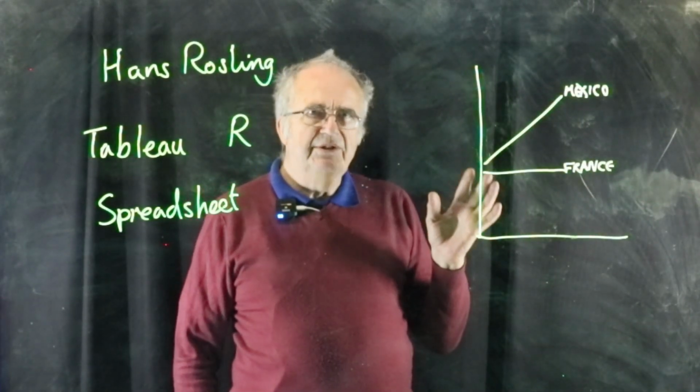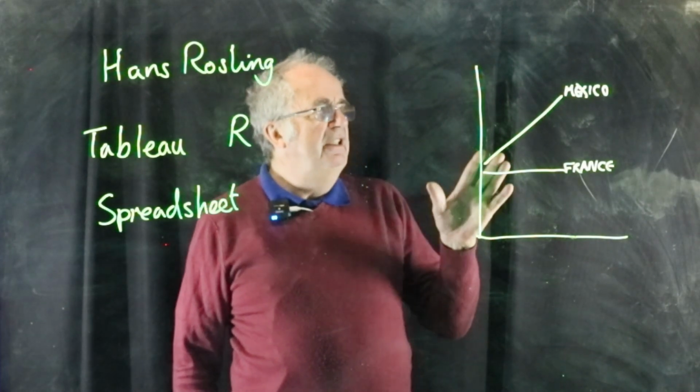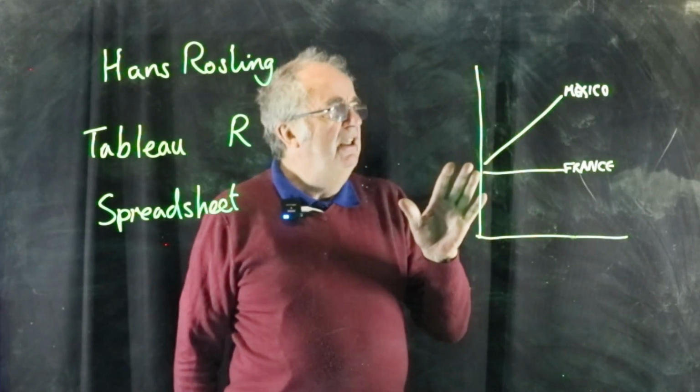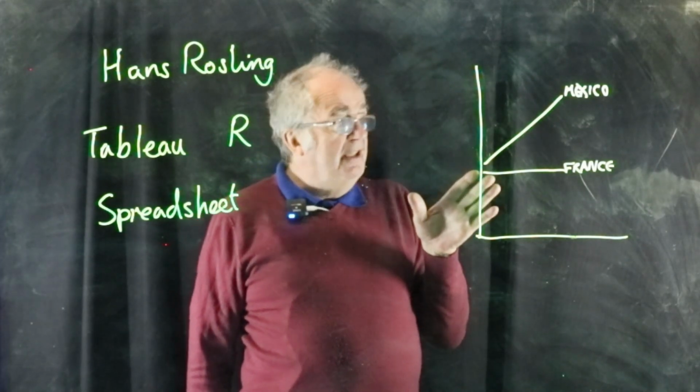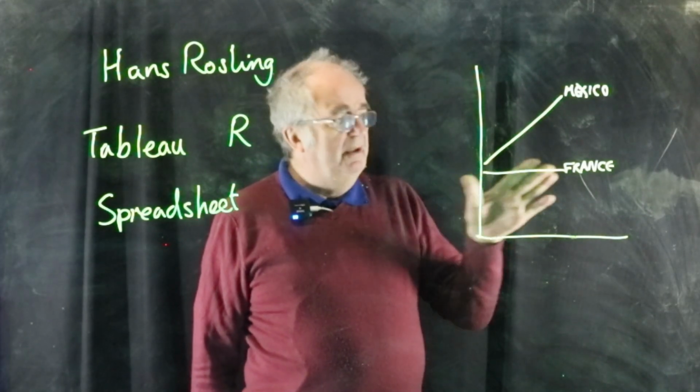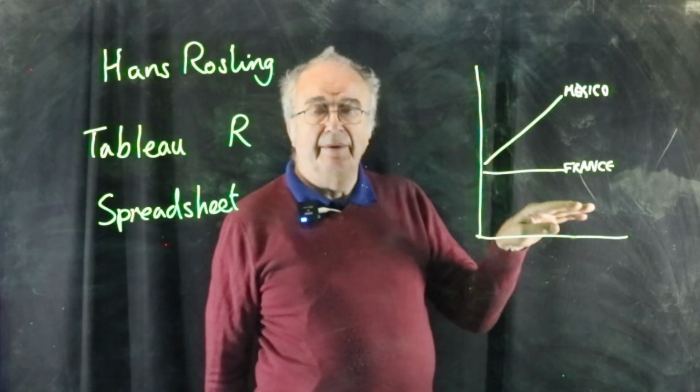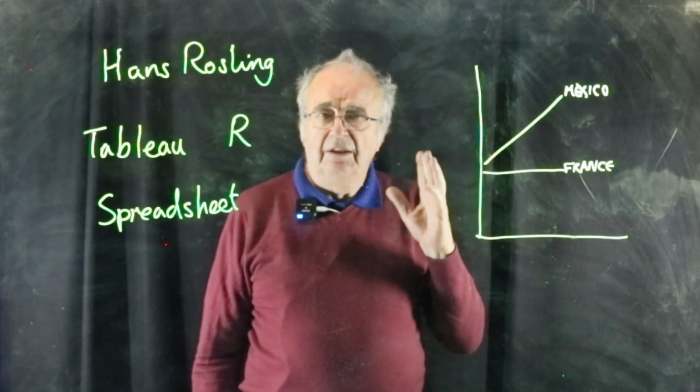So that was our kind of stereotypical expectation that a Latin American country, the population would be going up very rapidly. In a country like France or the UK, the population was more or less static or even dropping. And that was a kind of stereotype.